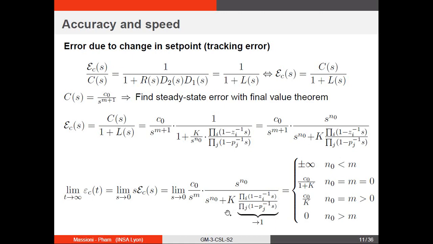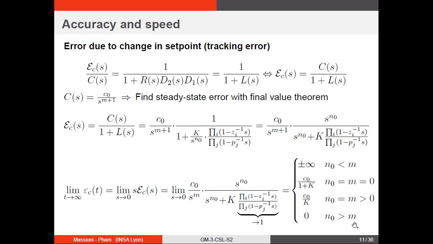And then you have s to the n naught here going to 0 as well, and then you have this going to 0 and this going to 0. So now, according to which power you have here and which power you have here, you will either have a 0 on the numerator or a 0 at the denominator, which means that the limit will be infinity, or you might have a number if these two are the same. So the outcomes are these ones.